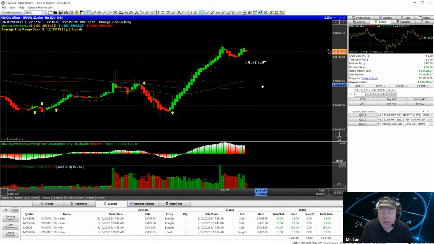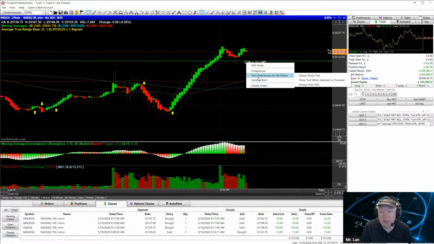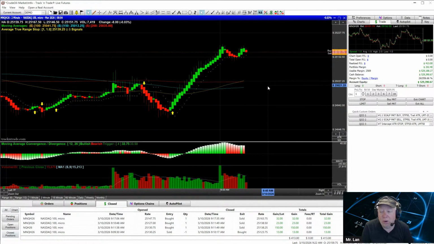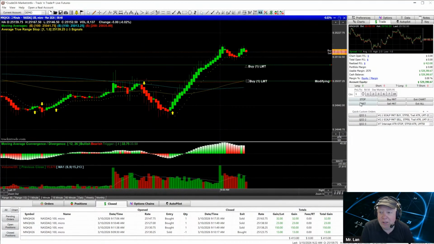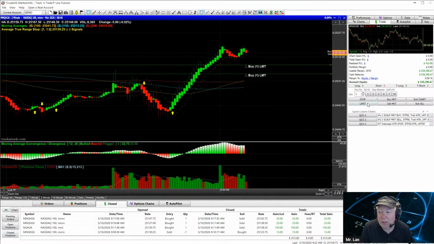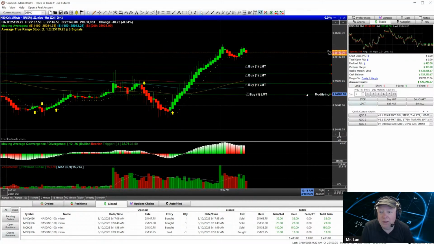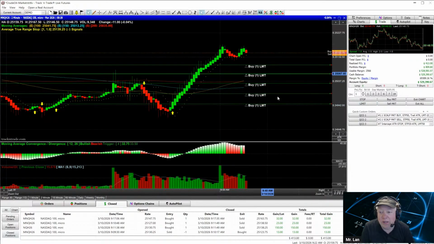One of the strategies in your book is called the Christmas tree or Balaam's ladder. What you do is you come in and you put limit orders as the market comes down like this. And as the market comes down, it will keep filling your limit orders on the way down. It's called the Christmas tree because you've got lots of green orders like this.